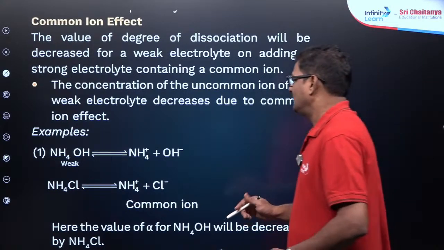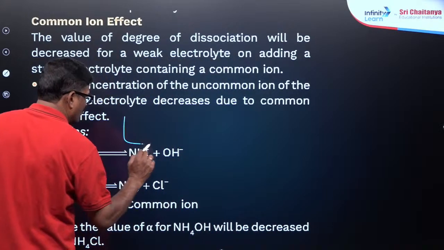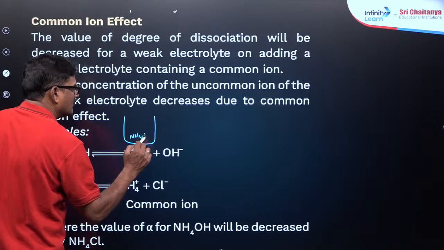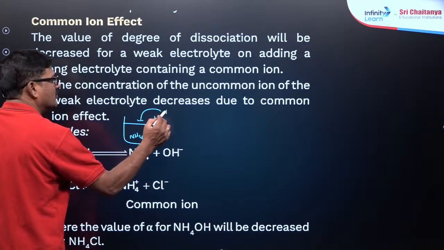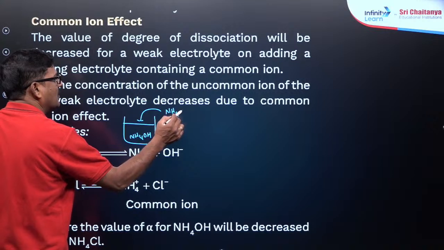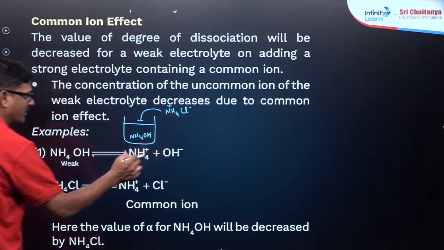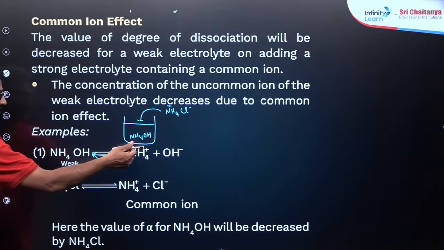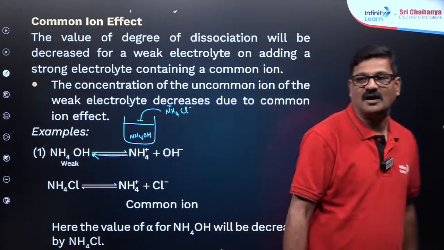So if ammonium hydroxide is there, and we add something like ammonium chloride to that, which is actually a strong electrolyte, because of Le Chatelier principle, this equilibrium always tries to go in the backward direction. This is what is called the common ion effect.